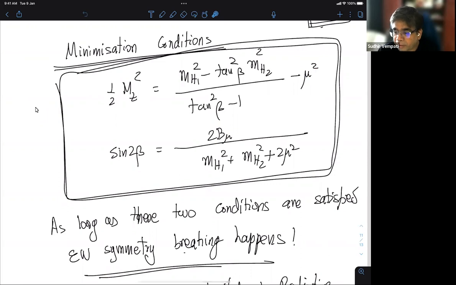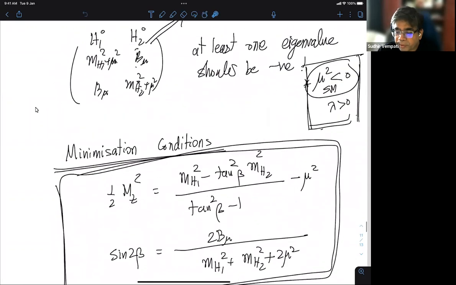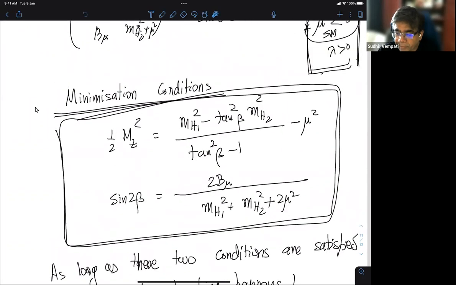And also, if mu squared becomes negative, that is a problem. Mu squared should not become negative. Mu squared should remain positive. If mu squared becomes negative and becomes larger than this entire thing, in the limit MH, this adds a positive contribution essentially.